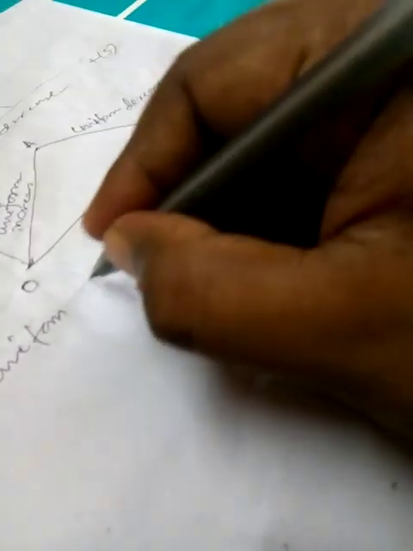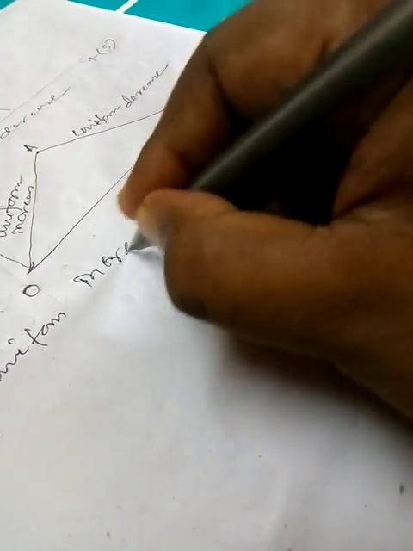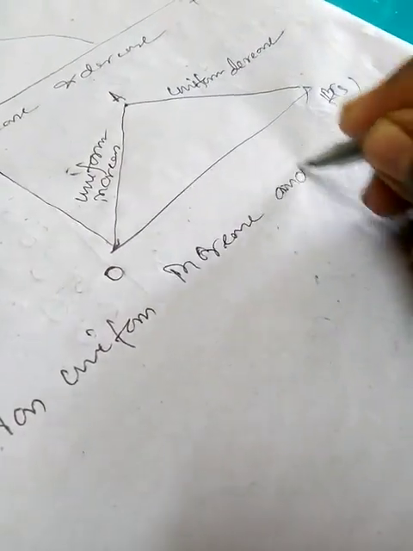Now we'll go for non-uniform increase and then decrease.